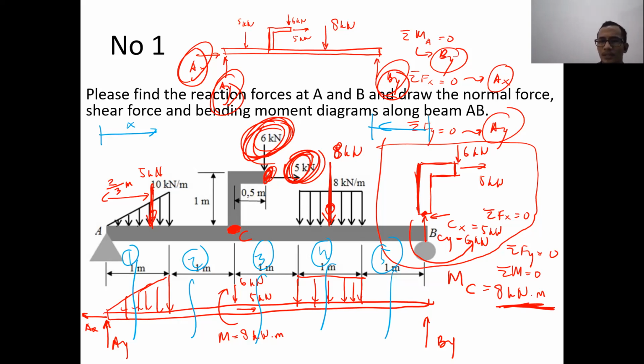Because for quadratic distribution, unless the number of sections is only one, then there is a possibility that we may give you a quadratic distribution. The problem with quadratic distribution is that the internal shear force will be to the power of 3, and the internal moment will be to the power of 4.